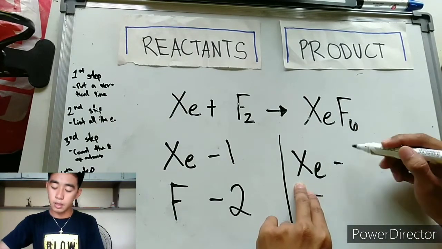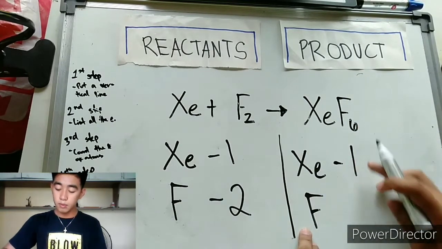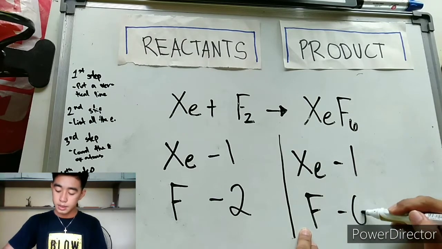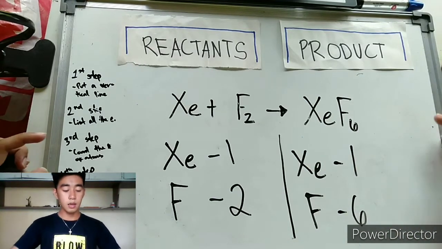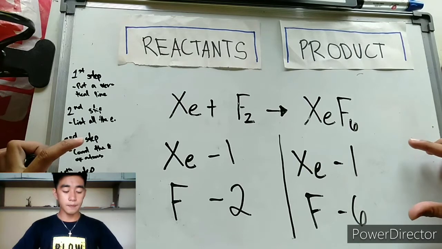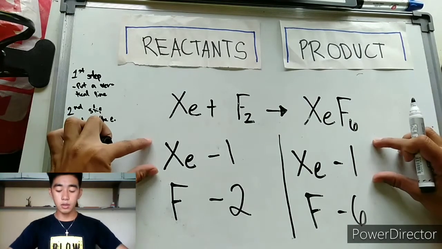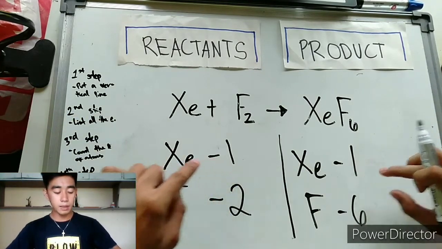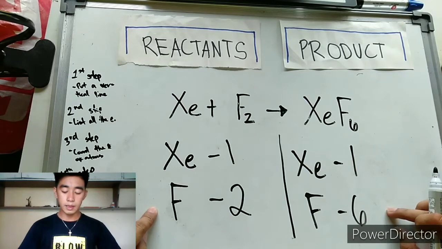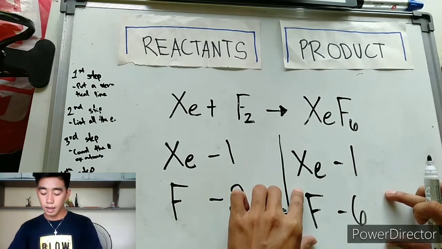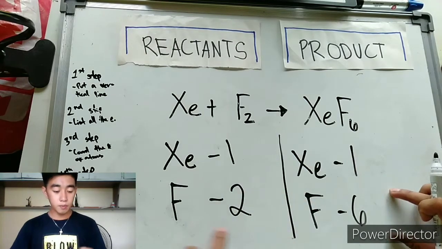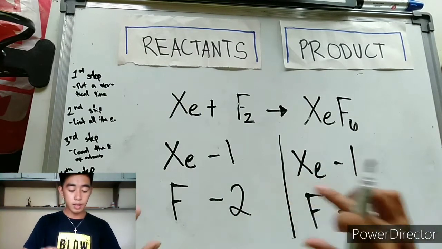So automatically ulit na meron siyang 1 atom. And for fluorine, we have 6 atoms. Okay, so now kung mapapansin natin, yung number of atoms ng xenon is balanced na. But pagdating natin dito sa fluorine, yung number of atoms ng fluorine dito sa product ay mas mataas kumpara dito sa reactants.